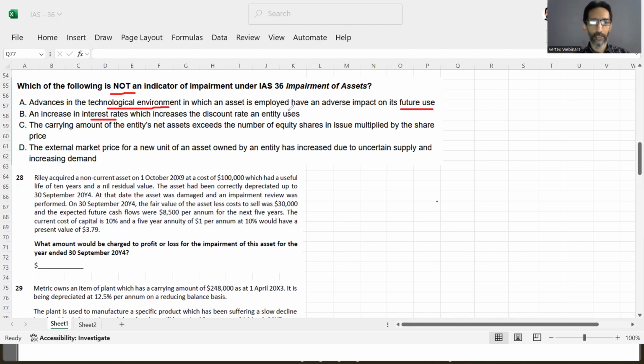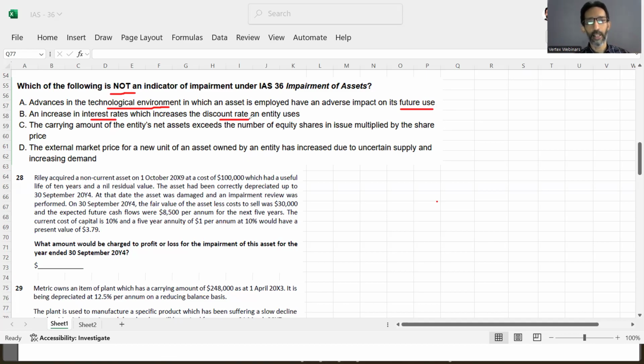So a rise in discount rate would suggest that there is impairment. Because the interest rates have increased, the discounting is more extensive. So this is actually related to value in use, one of the elements of the recoverable amount. So I hope this is clear.